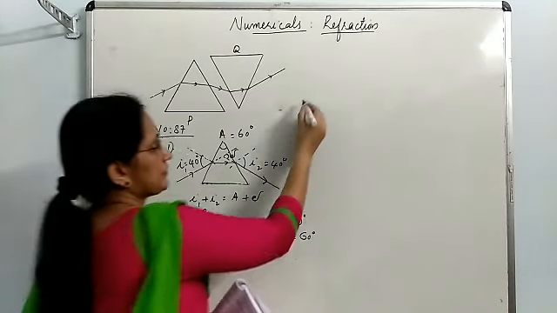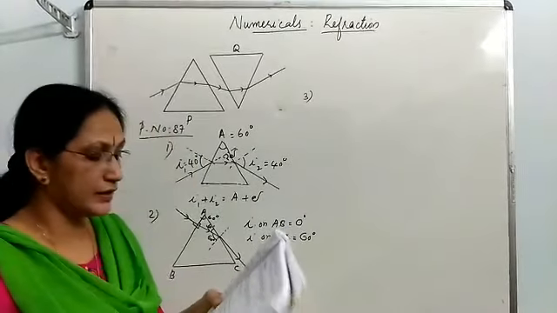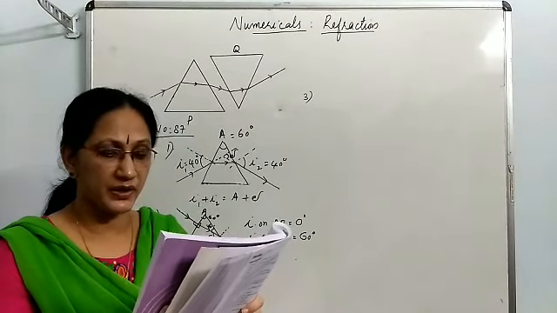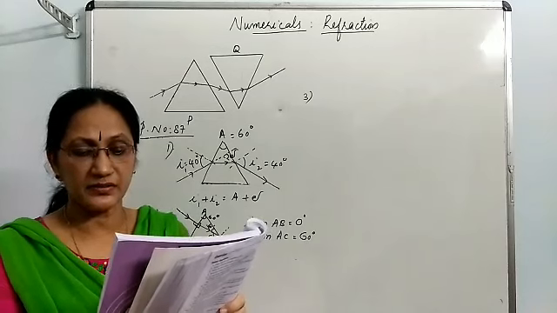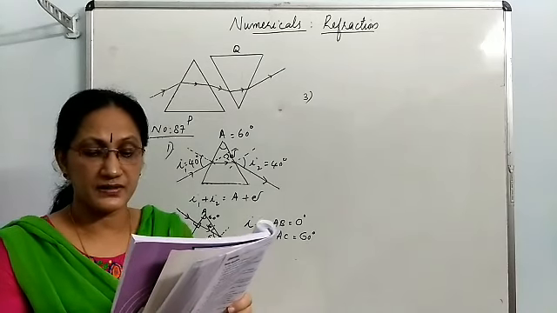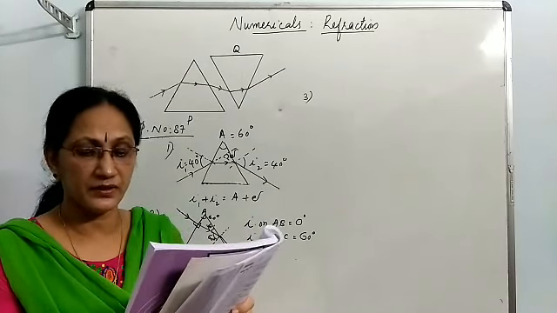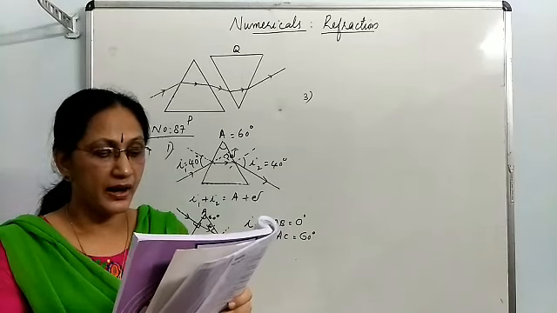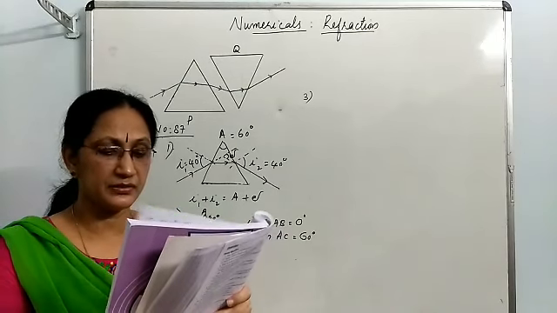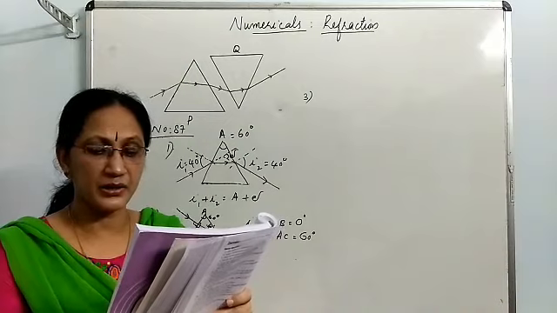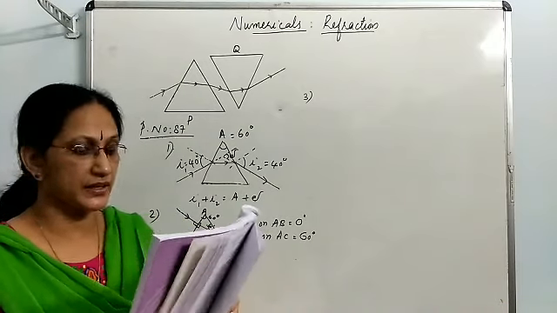Next, third question. A ray of light passes through an equilateral prism of refractive index 1.5 and suffers minimum angle of deviation. Find the angle of refraction at the first surface and angle of incidence on the second surface.